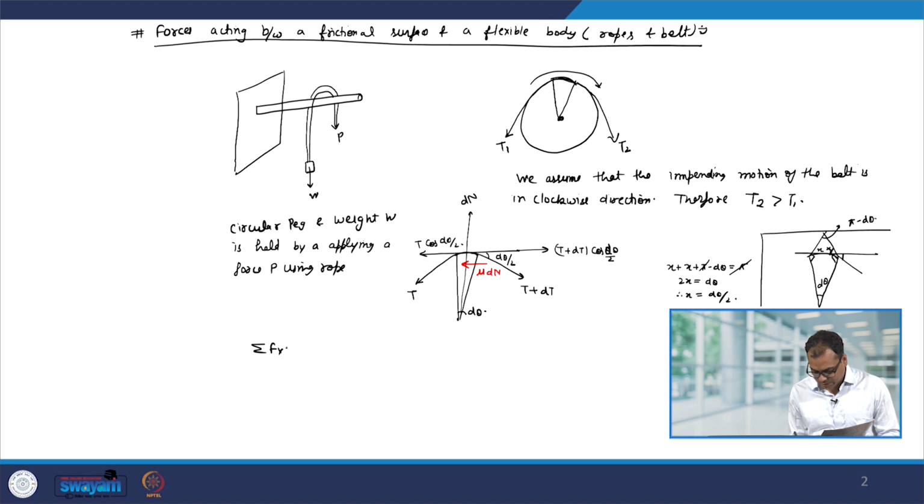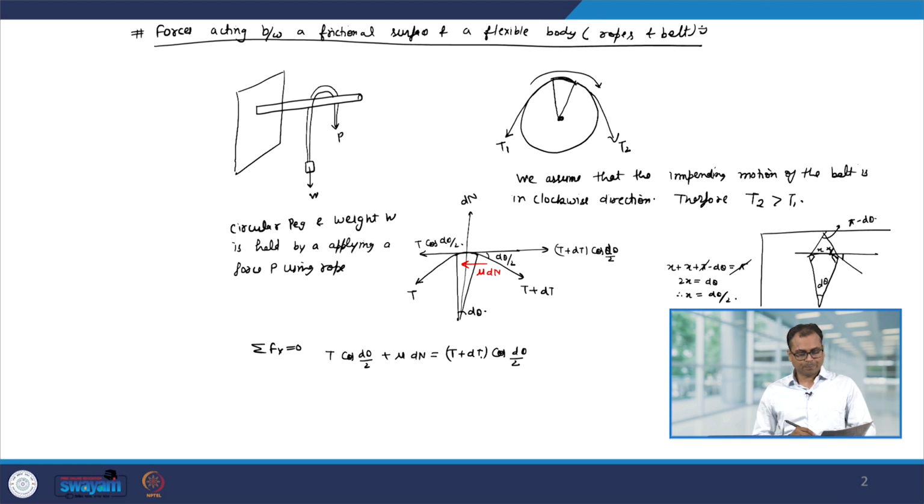Summation Fx equal to 0 gives you T cos d theta by 2 plus mu dN equal to T plus dT cos d theta by 2, and T cos d theta by 2 will get cancelled with this one.